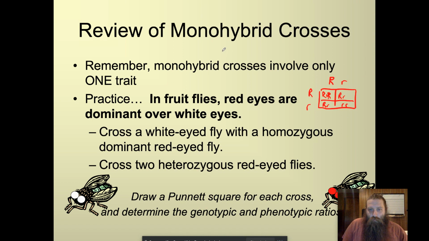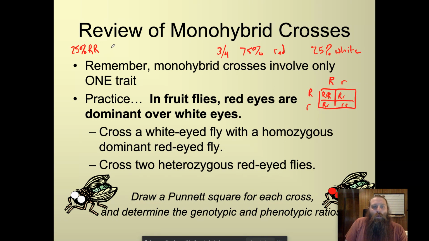So now we have 3/4, so 75% red eye, and 25% white-eyed. There would be our phenotype. And for our genotype, we would have 25% purebred dominant, 50% hybrid with big R, little r, and 25% little r, little r. So there we would go.